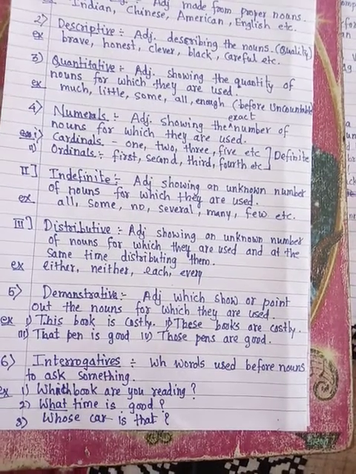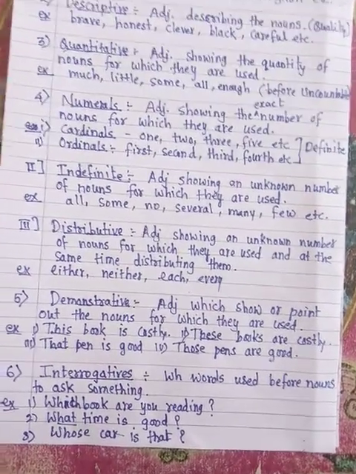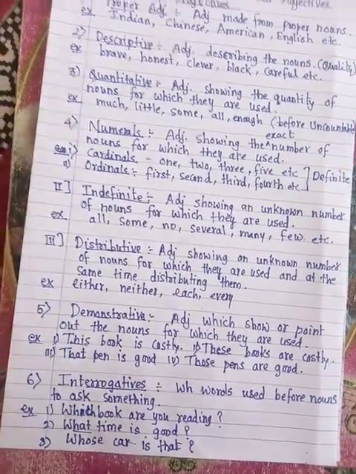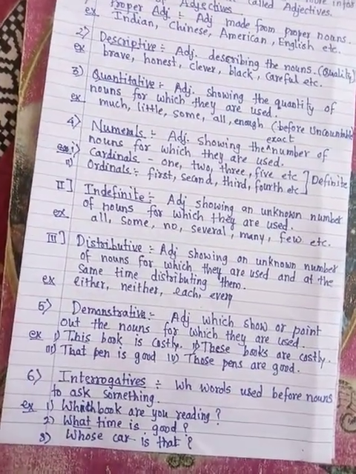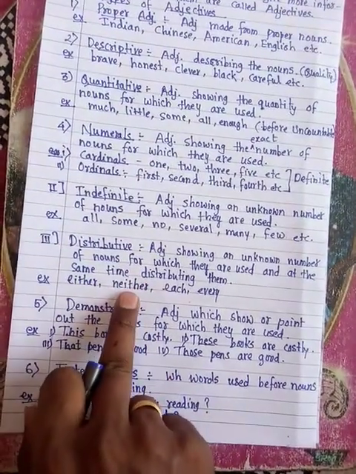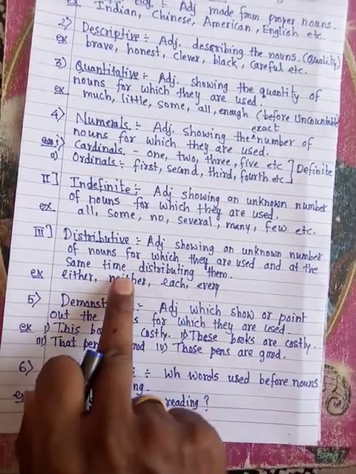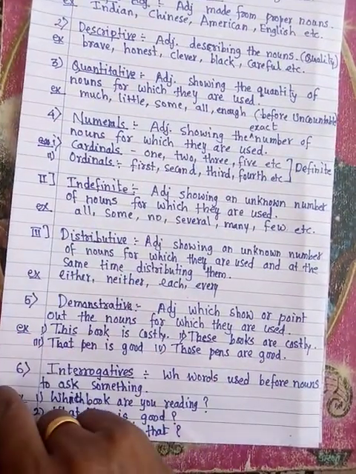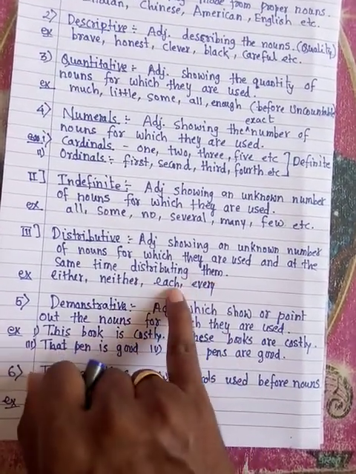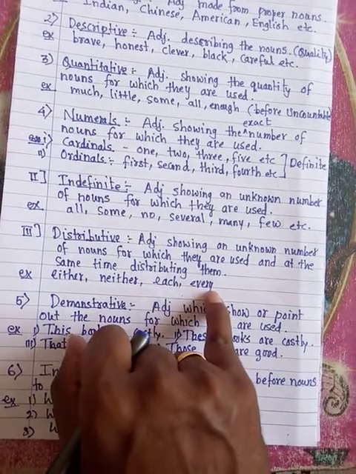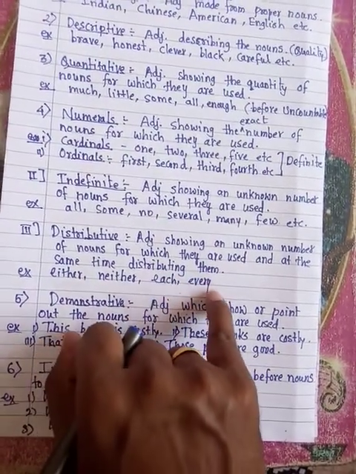Next is neither. Neither plan is good, means there are two plans and none of the two plans is good, so it is used before a noun, so that is a distributive adjective. Same like each, every, when they are used alone they are pronouns, but when a noun is placed after them, those are adjectives.